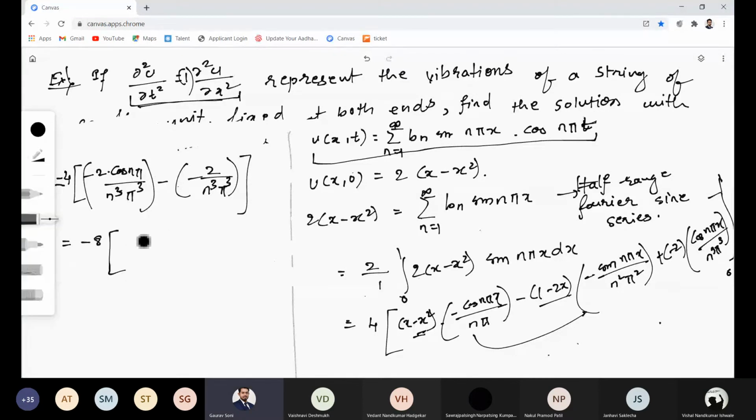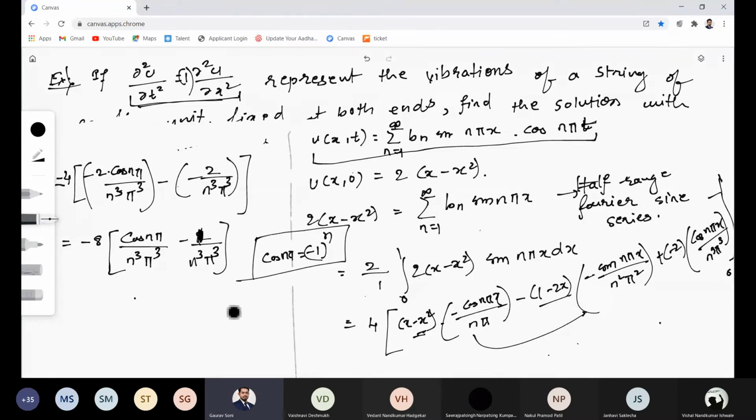Cos n pi equal to? Cos n pi is equal to minus 1 raised to n.